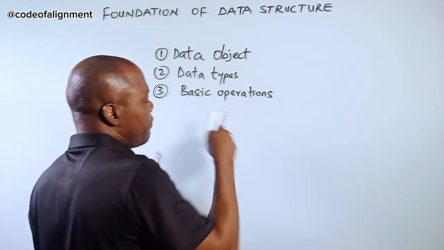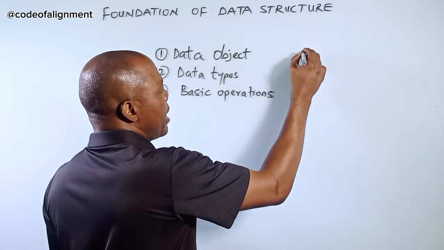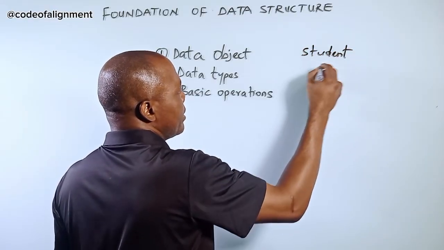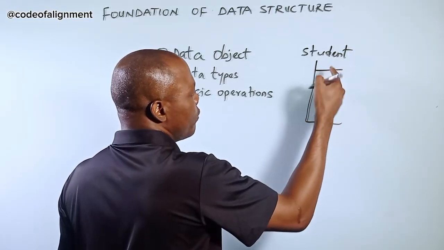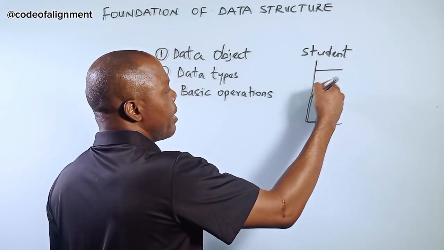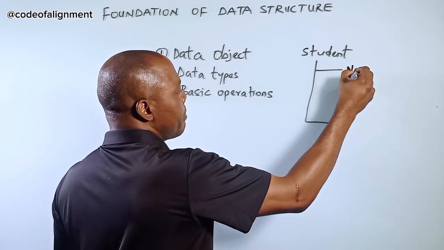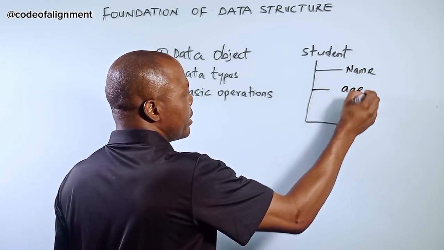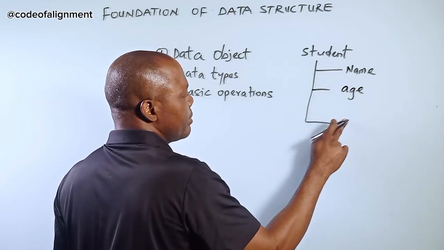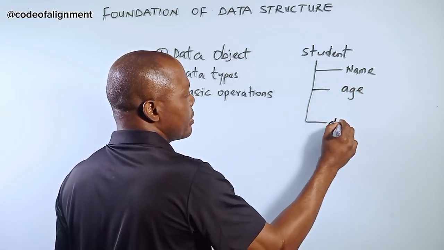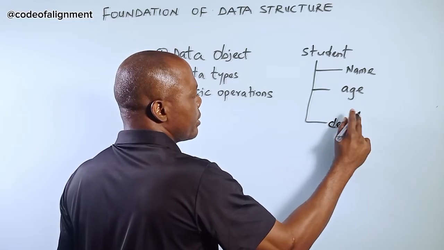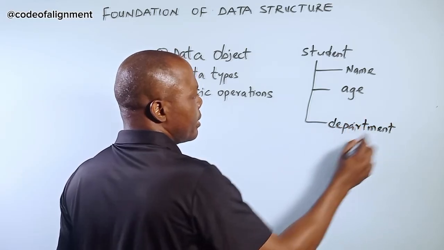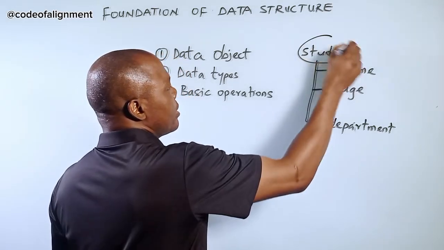So if I say something like student, then for student, I will have student name, student age, and maybe department. So this is what?